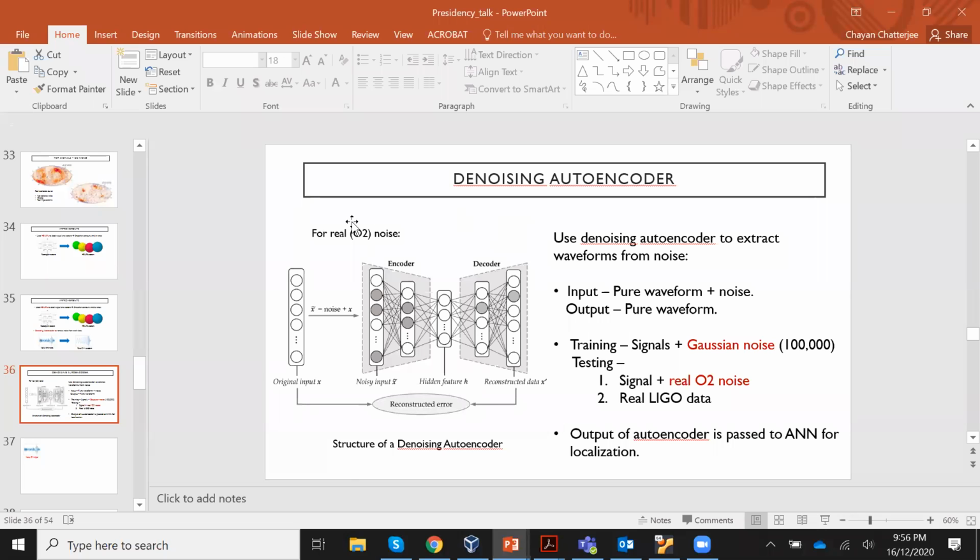The input is the noisy signal, and it is trying to reconstruct the pure waveform at the end. So what it will basically learn is some features which are present both in the noisy signal as well as the pure signal, and try to reconstruct the pure waveform from that.